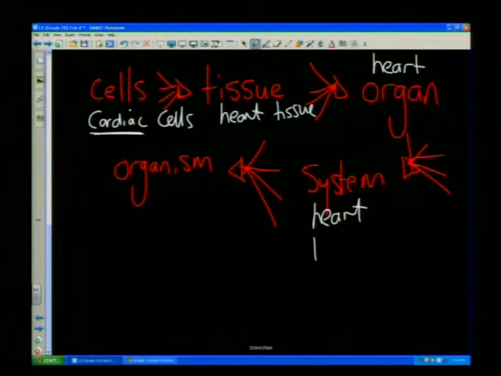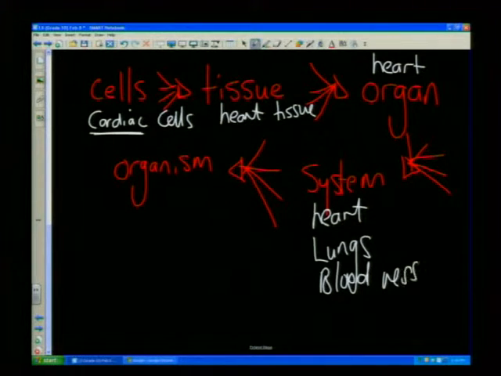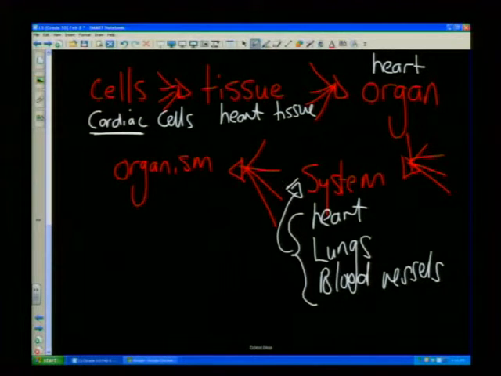And the heart plus the lungs, plus your blood vessels, so your arteries and your veins, all join together to form your cardiopulmonary system.